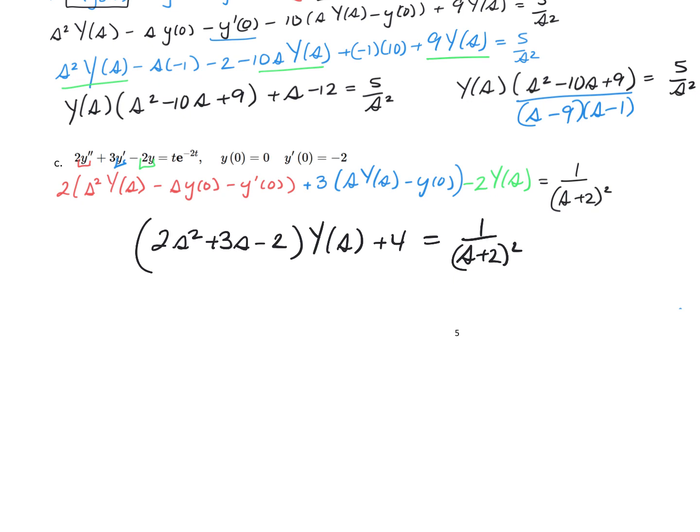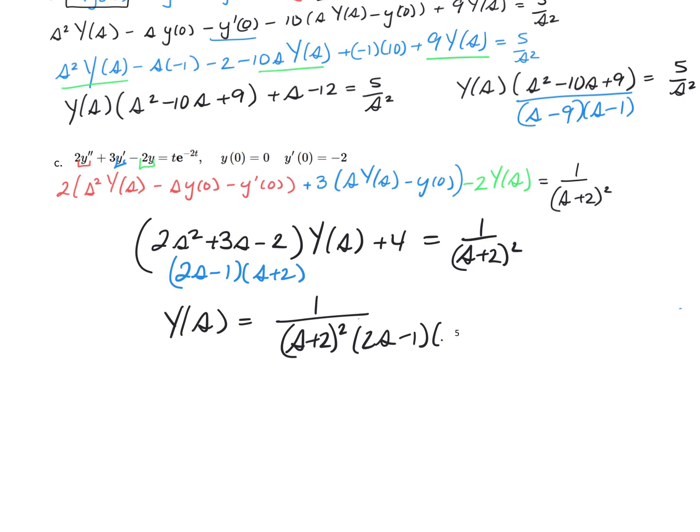Bring the 4 to the other side, and then dividing, I'm going to get cap y of s is going to be 1 over s plus 2, the quantity squared, over 2s squared, oh, I should probably consider factoring this. So let's go ahead and factor this before I move it. This factors into 2s minus 1 and s plus 2.